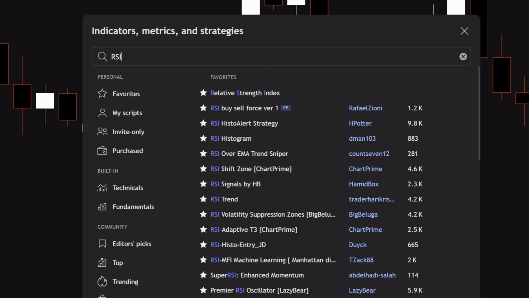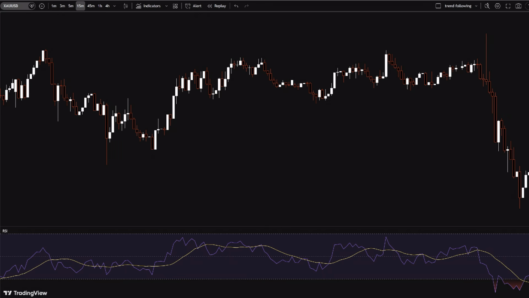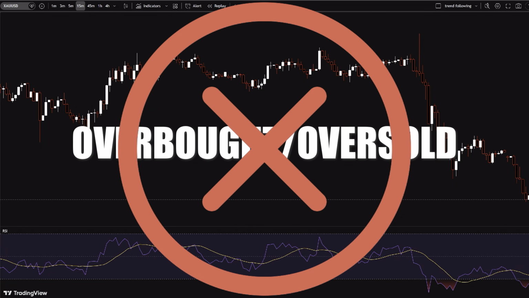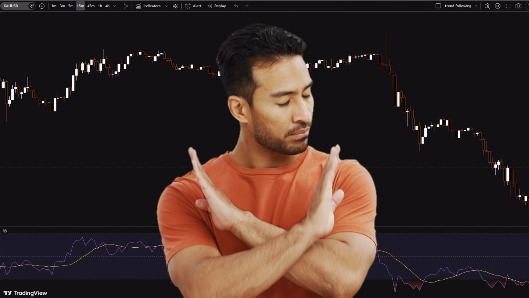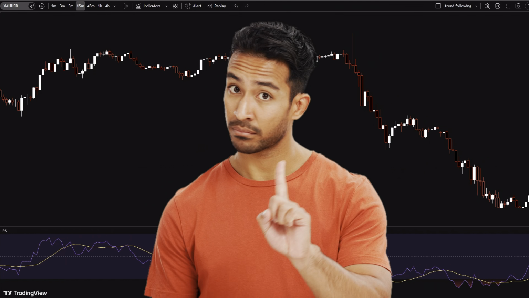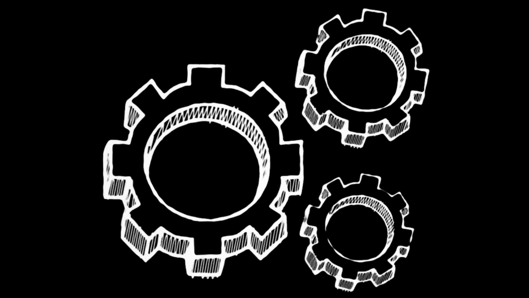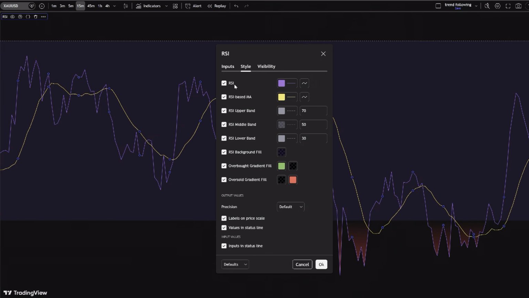Now, to help us measure this momentum, we use the RSI indicator. But the important thing is understanding what we're measuring. We're not using RSI as a simple overbought or oversold tool. We're not looking for RSI is high, so sell, RSI is low, so buy. For this strategy, we adjust RSI settings. We disable the normal RSI option.